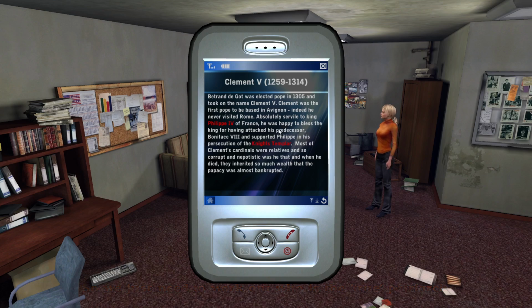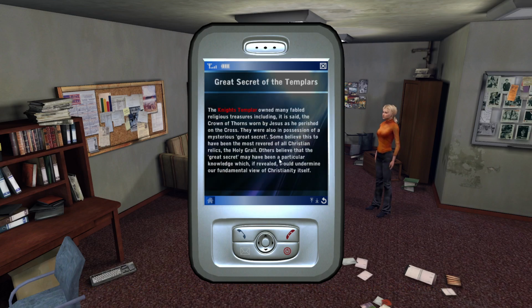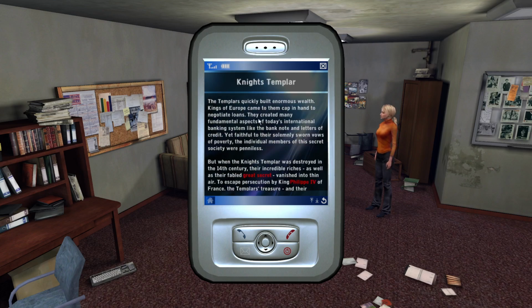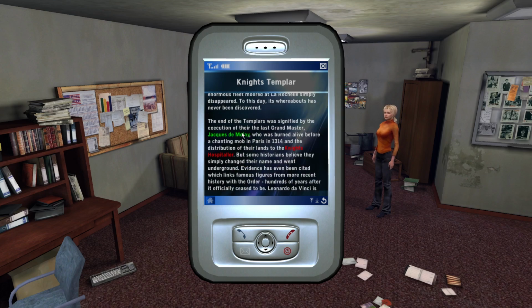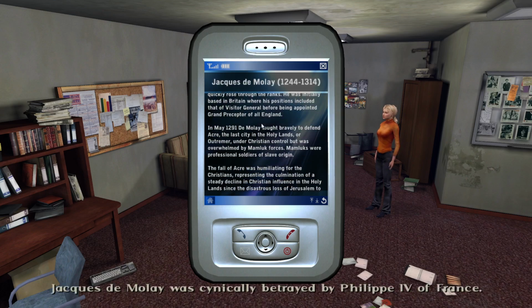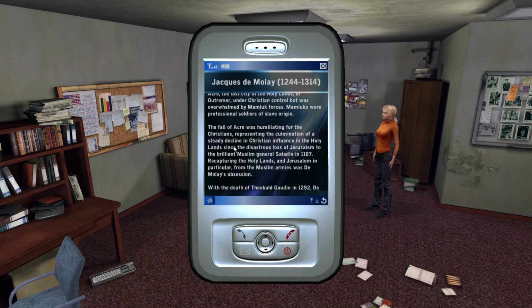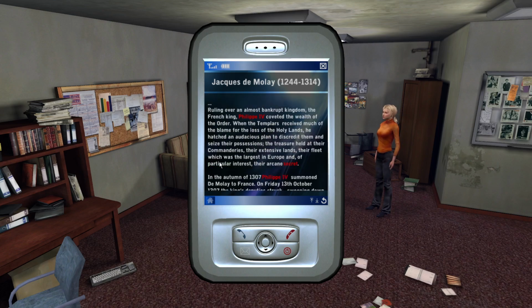Yeah. Okay. So let's try and figure out who the true patriarch was. Knights Templar. We know about Jacques de Molay from... Jacques de Molay was cynically betrayed by Philippe IV of France. Okay. So, is there anything else on here?